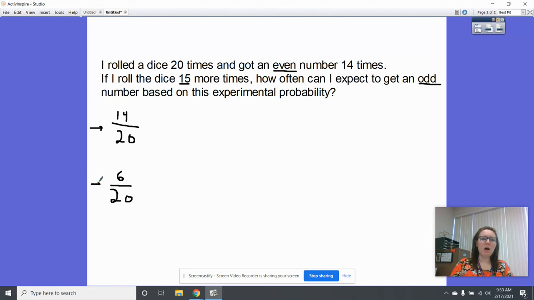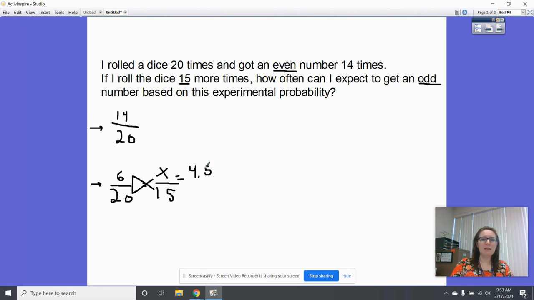So this is our odd probability. I'm going to use this to set up a proportion. And I'm just going to solve 15 times 6 divided by 20. So 15 times 6 divided by 20 actually equals 4.5.